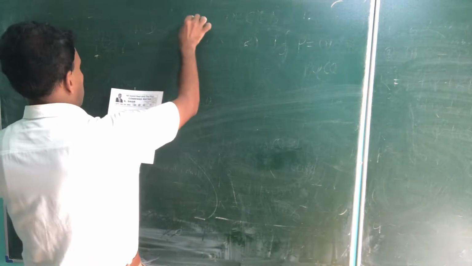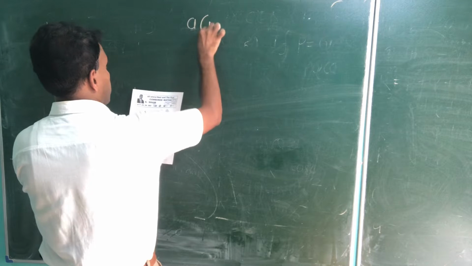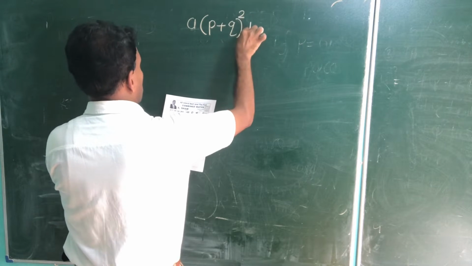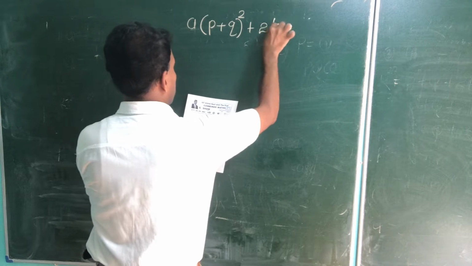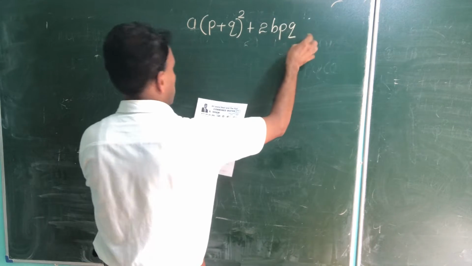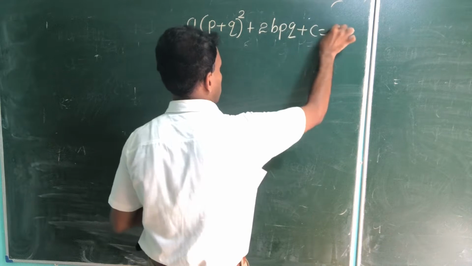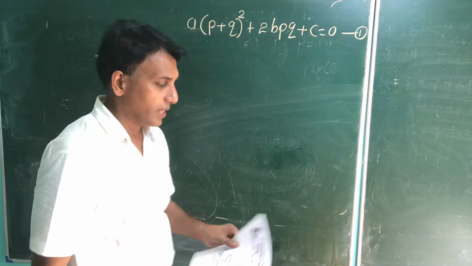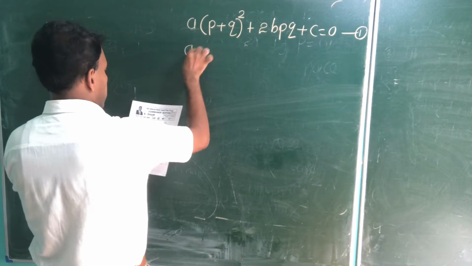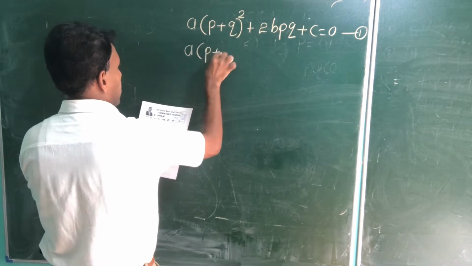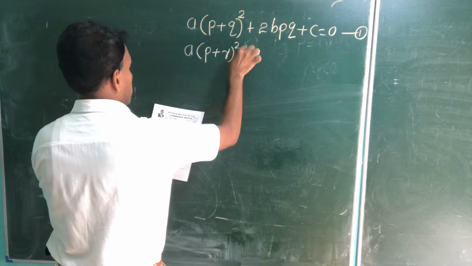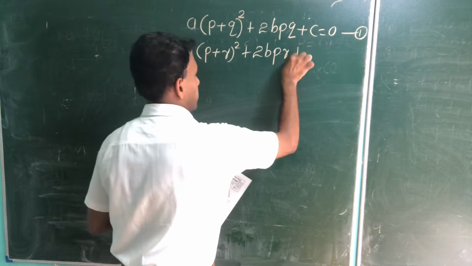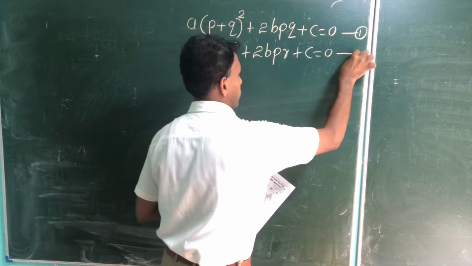Let a(p + q)² + 2bpq + c = 0 be the first equation, and the second one a(p + r)² + 2bpr + c = 0.